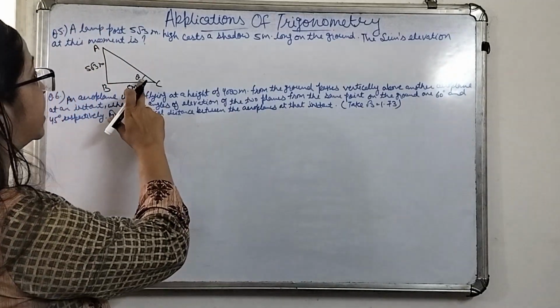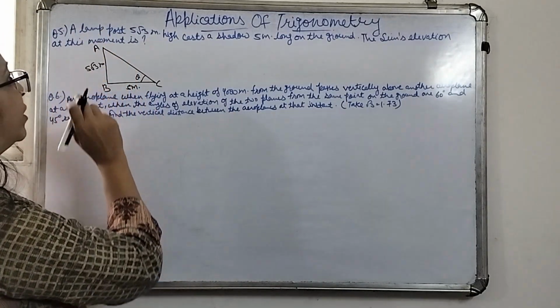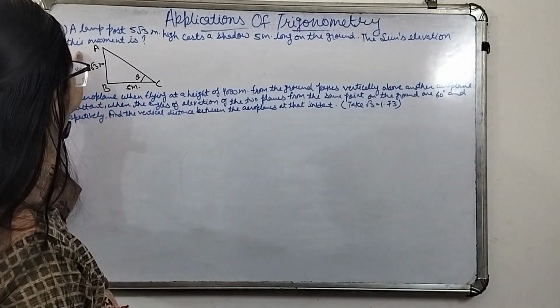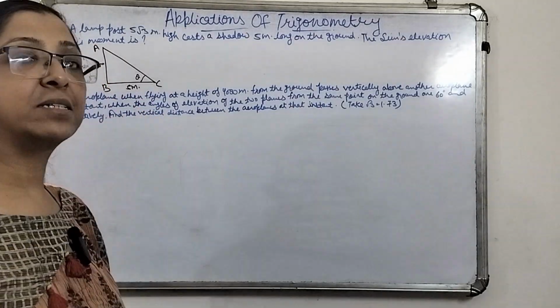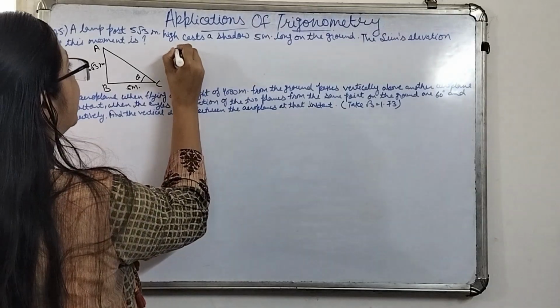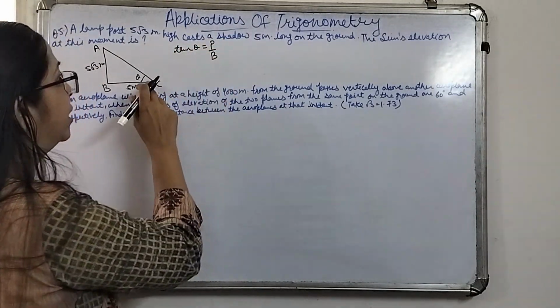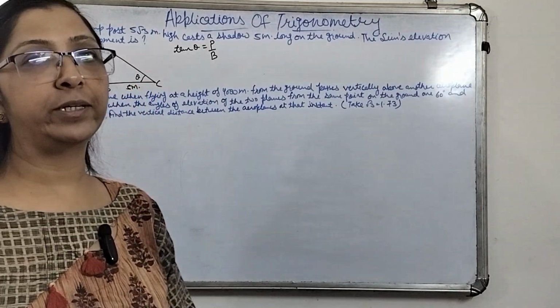So over here, if this is theta, AB will be the perpendicular and BC will be the base. The trigonometric ratio in which perpendicular and base come is tan theta. We know that tan theta is perpendicular over base. We have to find the value of theta over here.